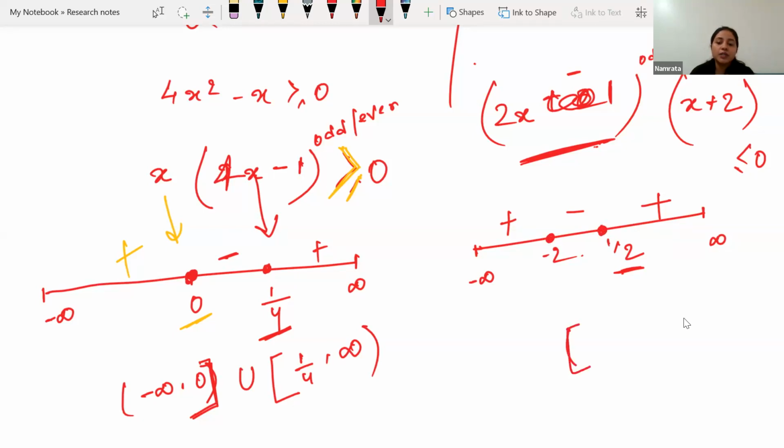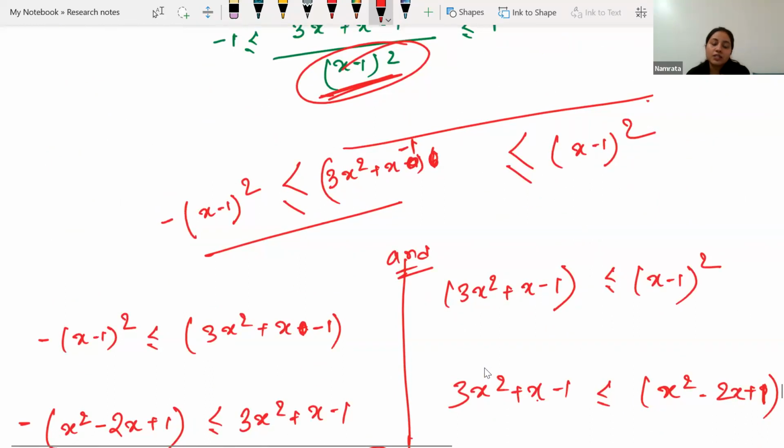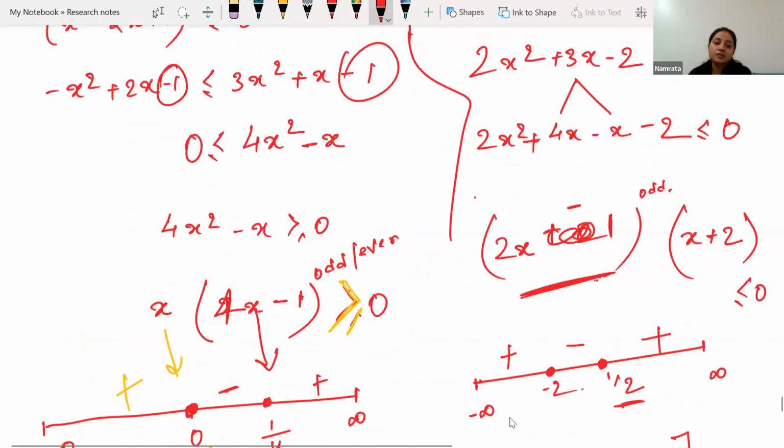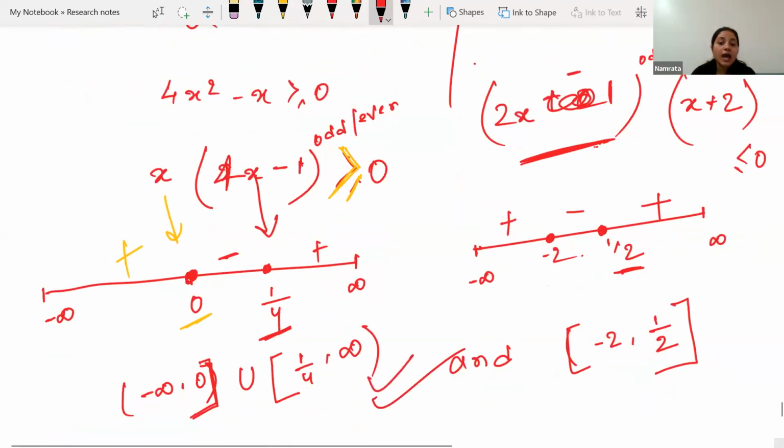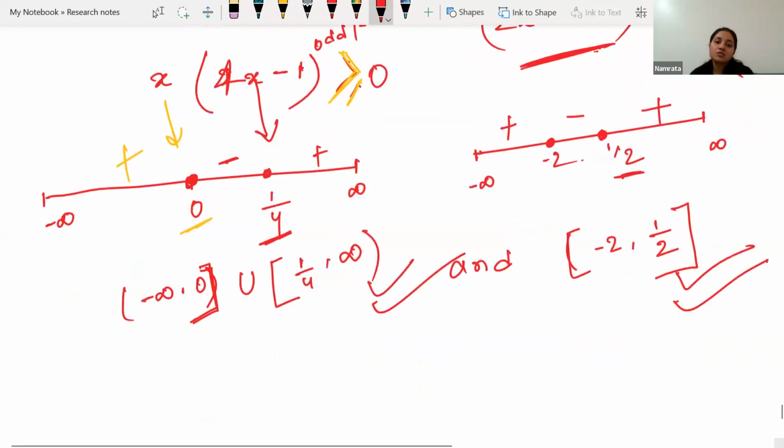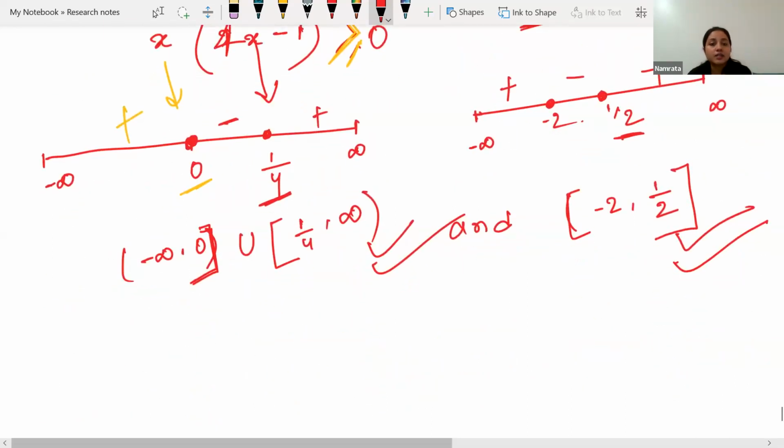So the interval will be -2 to 1 by 2. These two are AND cases. That means we need to take the intersection from these two cases. The same inequality we have solved, and we got this solution and this solution. So we need to take the intersection of these two solutions.